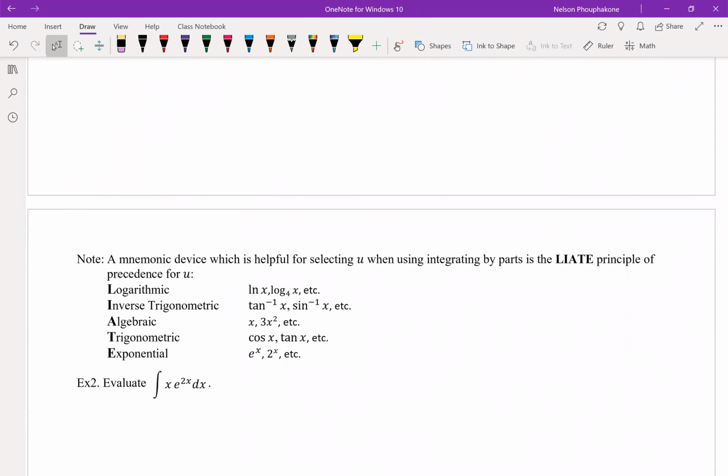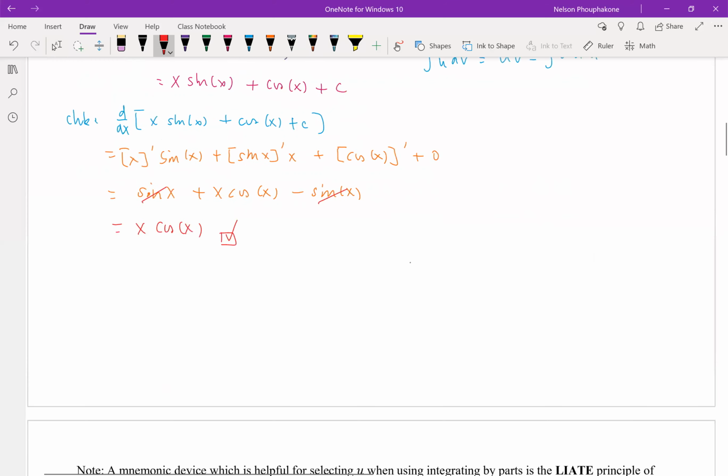A mnemonic device, which is helpful for selecting u when using integration by parts, is the LIATE principle for precedence for u.